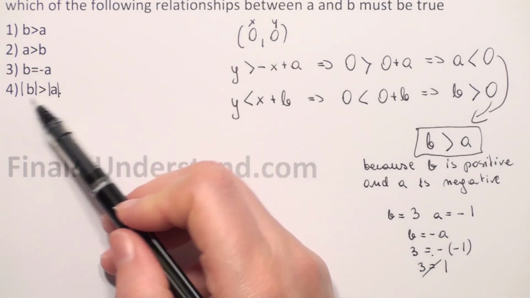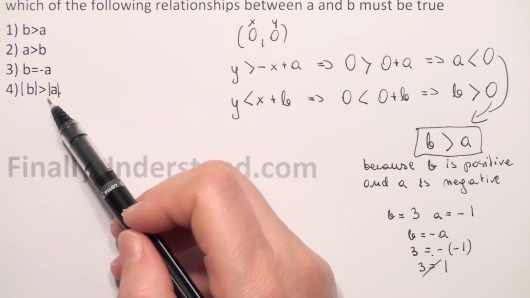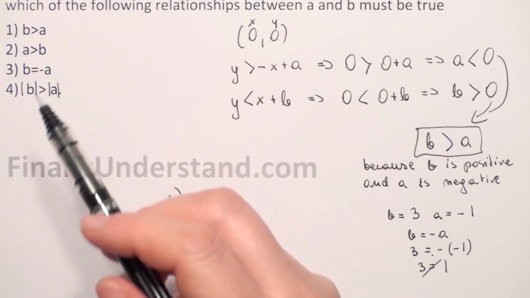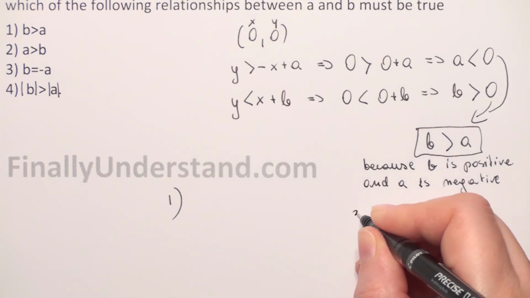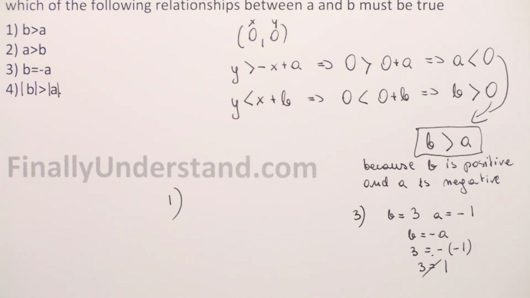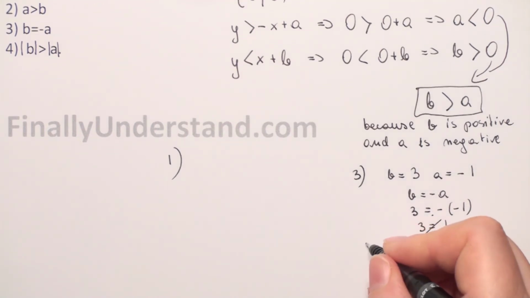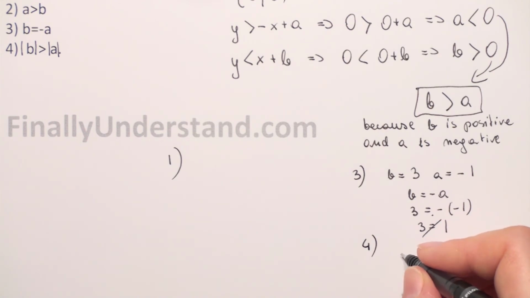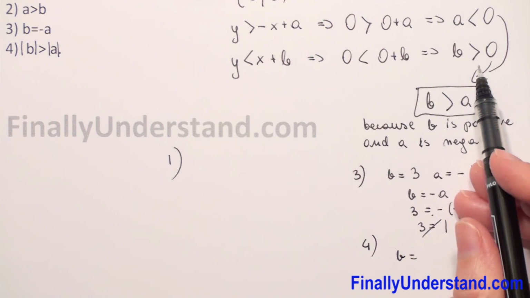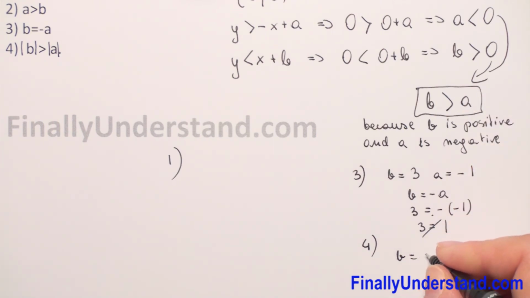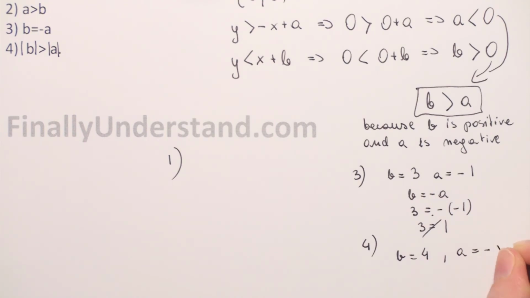And the last, we have absolute value of b is greater than absolute value of a. This was the example for the third relationship, and for the fourth, if we have, for example, that b must be greater than 0, so we take b is 4 and a is equal, for example, to negative 8.